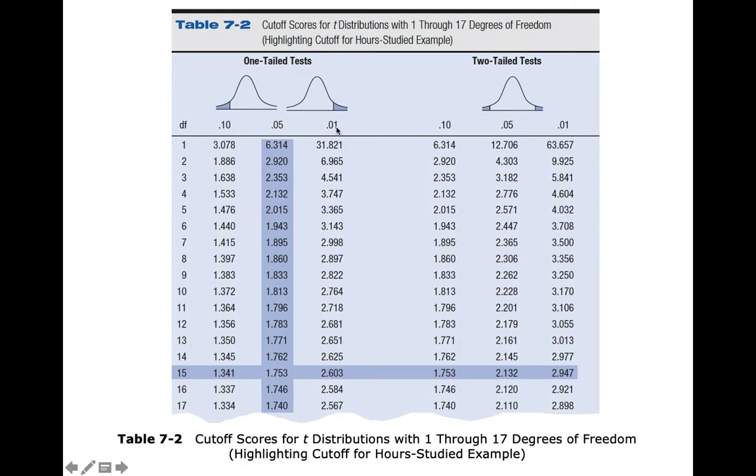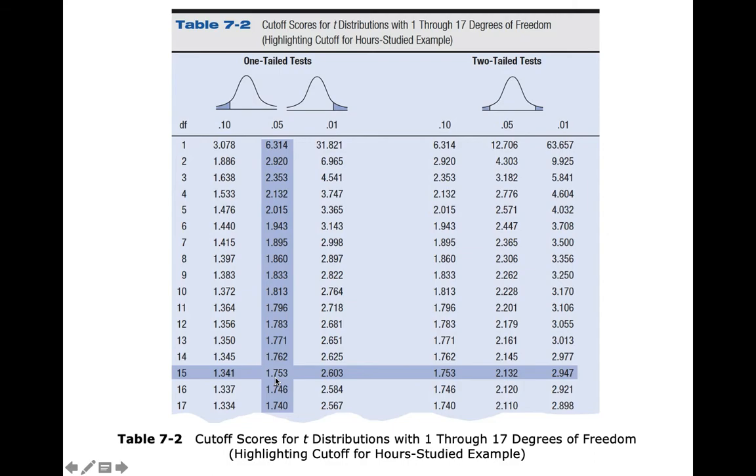You'll notice that we've got different choices for statistical significance levels. In psychology, as well as other social behavioral sciences, the conventional level is 0.05. So if we do a one-tailed test, and I will explain the difference between a one-tailed test and a two-tailed test in just a minute, what this table tells us is that our critical value of t that will basically separate the top of the sampling distribution from the rest of the sampling distribution is 1.753.